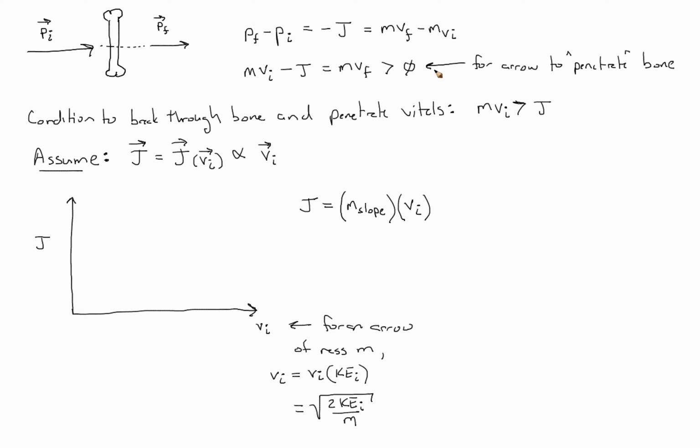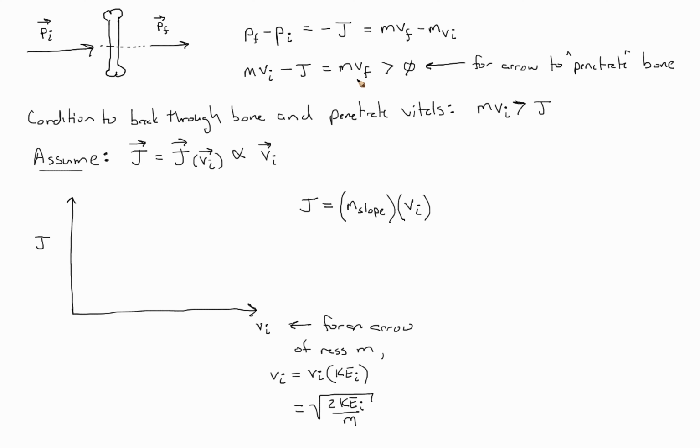Now, note that the momentum is, of course, the mass times the velocity. So the final momentum is the mass times the final velocity, or the velocity after exiting the bone. And the initial momentum is the mass times the velocity before or on impact, if you will. And so what I'm going to do is move this minus MVI to the other side. So I get MVI minus J is equal to MVF.